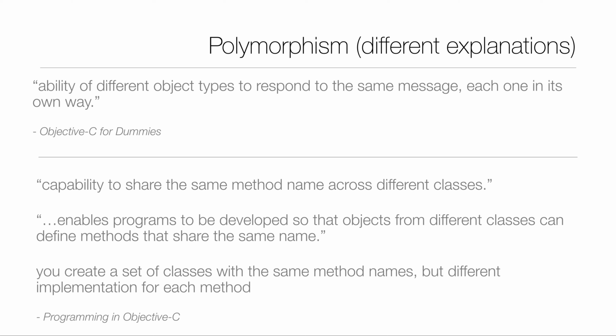That goes a little more in depth about how you would achieve the statement above. They also said it enables programs to be developed so that objects from different classes can define methods that share the same name. Basically, just rephrasing. So you create a set of classes with the same method names, but a different implementation for each method. That's how you're able to achieve this state where you have different objects that respond differently.